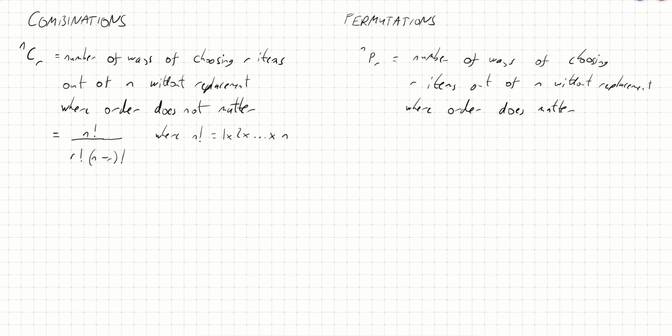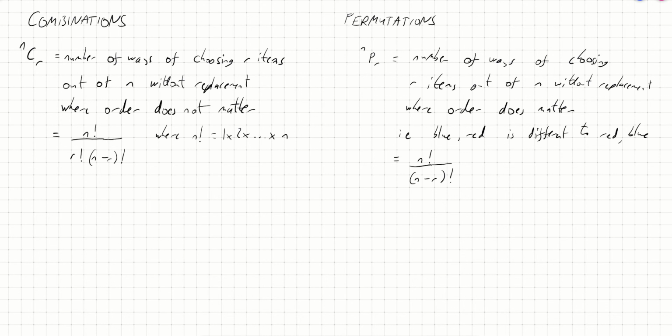So selecting a blue ball, then a red ball is different to red, then blue. So that's the key difference between permutations and combinations. In permutations, the order does matter. And the formula in this case is slightly simpler. It's just n factorial over (n minus r) factorial.